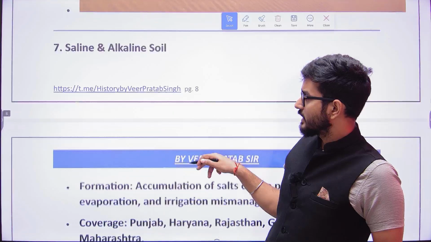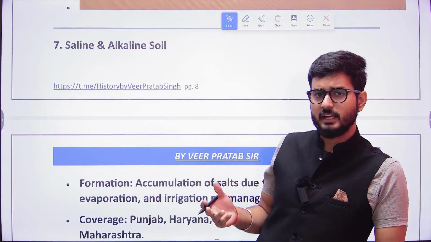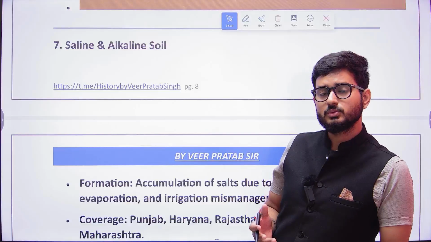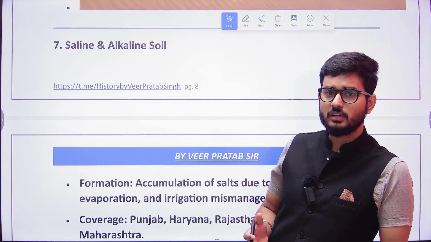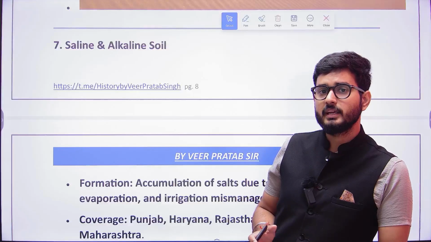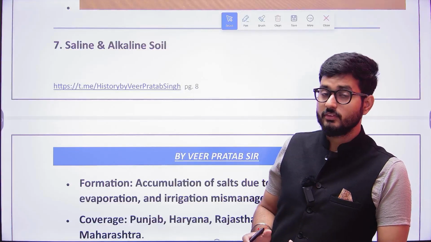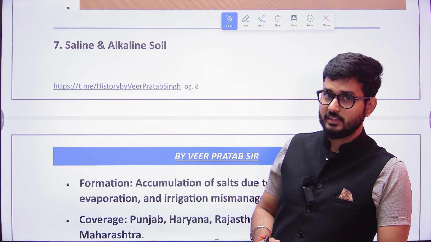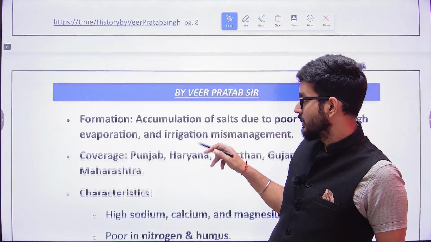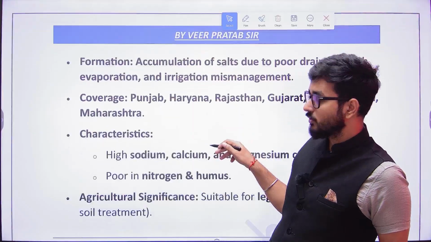Next one is saline and alkaline soil. From the name saline itself, what do we understand? Soils where there is a lot of salt content are going to be saline, where the pH value is less than 7. But where the pH value is more than 7, that is known as alkaline soil. Now where is such a soil formed?